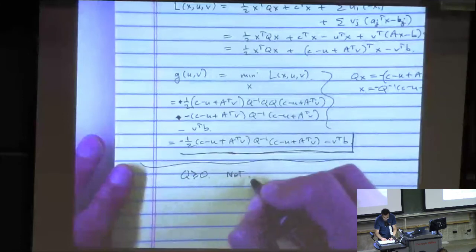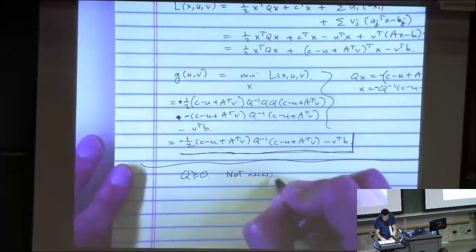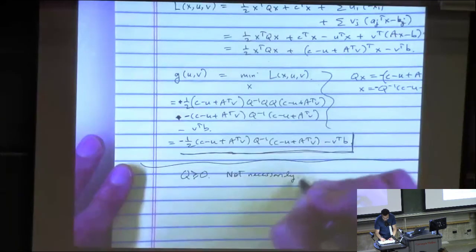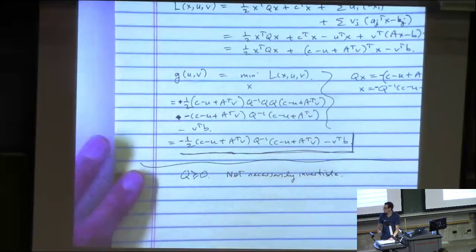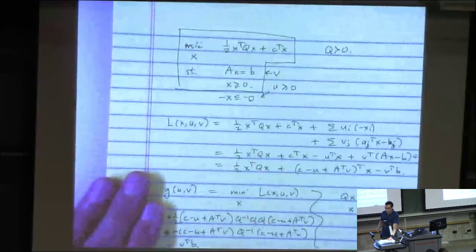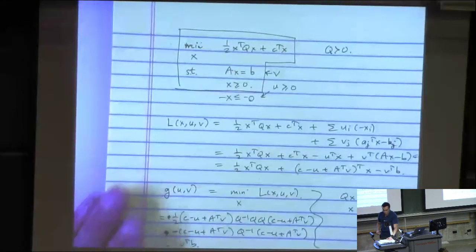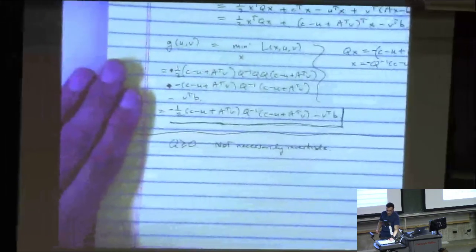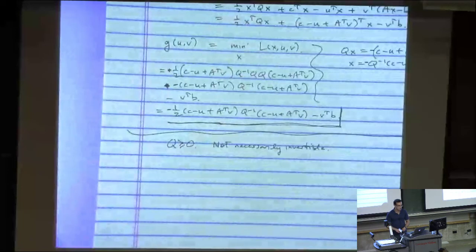So let's say it's not necessarily invertible. We're just going to say that it's positive semi-definite, so it could have 0 eigenvalues, in other words. This is still a convex problem, right? But this calculation is not quite as easy, and we're going to see more constraints popping up in the dual.